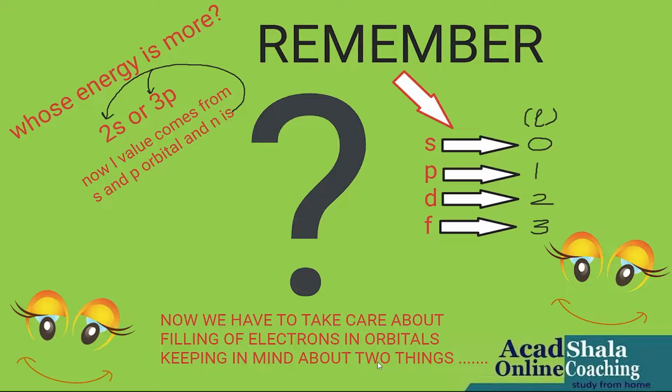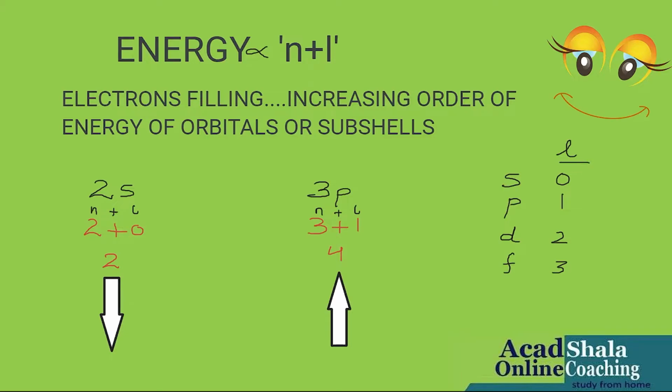Second point, electrons first occupy the lower energy orbital. That means the electrons will be filled in the subshell which has lower energy. If you have understood this much, then we can proceed further and start implementing whatever we have learned up till now.